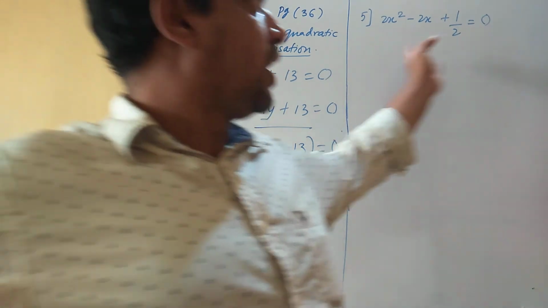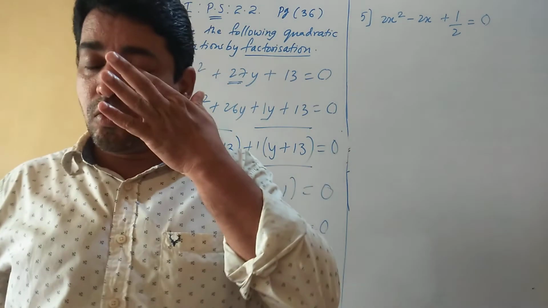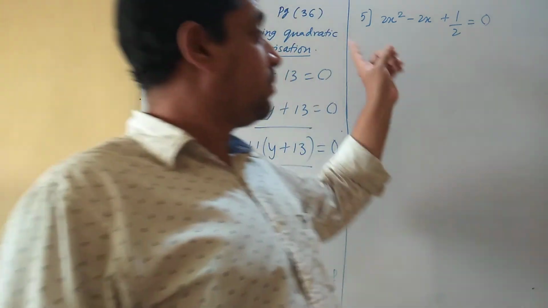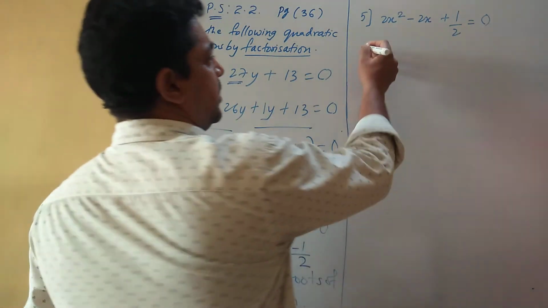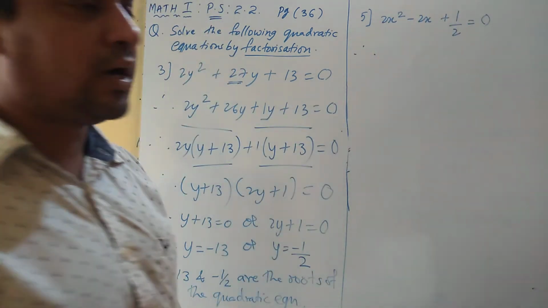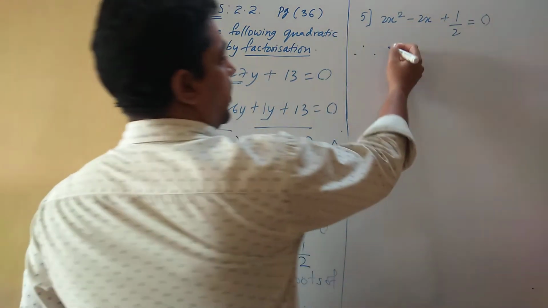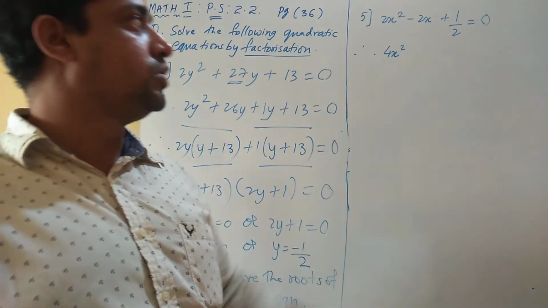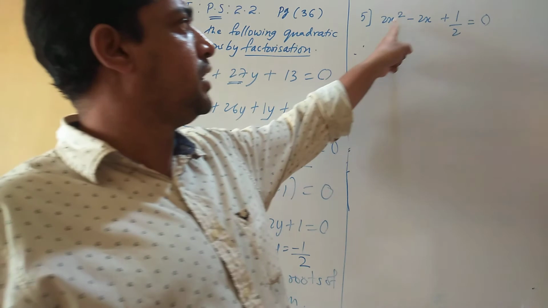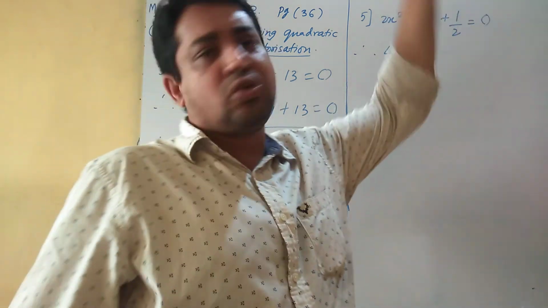I won't be writing it now because you already know how to do it. I'll multiply both sides of the equation by 2. So once I am multiplying both sides of the equation by 2, what I will get is 4x square, correct? Because your LCM is 2 here. Remember, I am multiplying all of these and even 0 with 2.